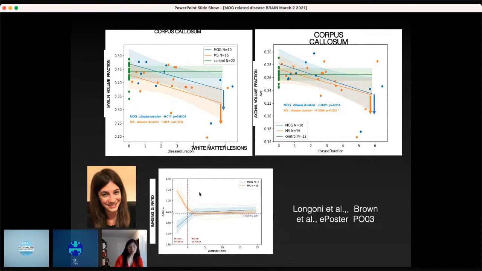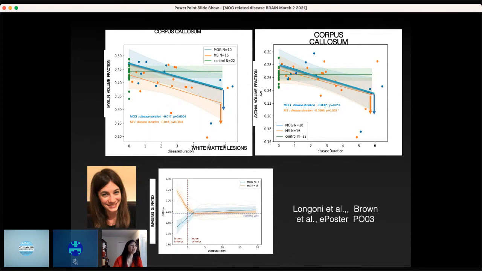And what she showed here, I want to highlight, these are the MOG patients right here. And what she showed was that with disease duration, the myelin volume fraction acted just like it did in MS patients. In MOG patients, even though the fraction was different, the direction was the same.